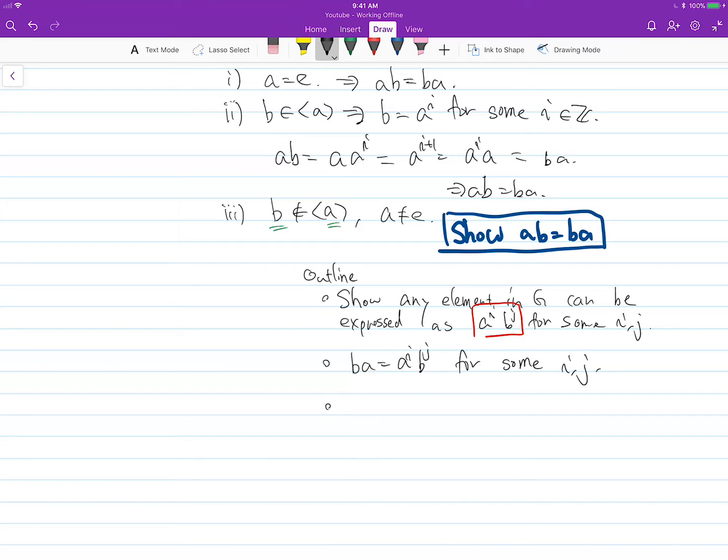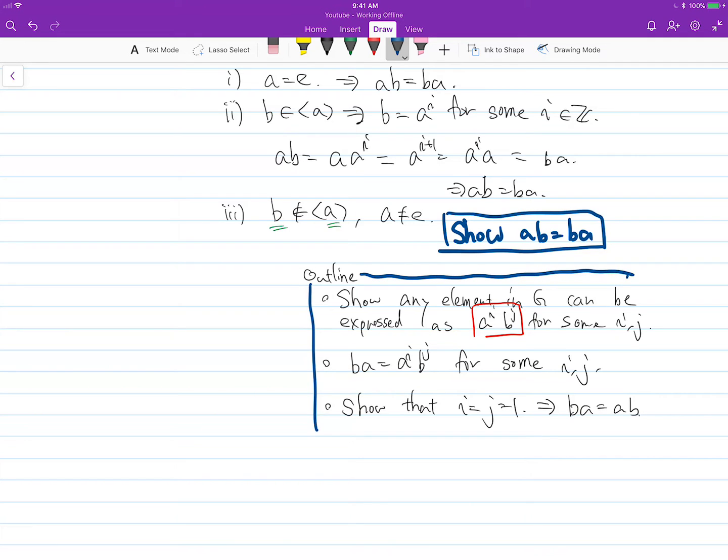And then we will show that i and j both have to be 1. Then this clearly implies that BA equals AB. So this is kind of the outline of what we're gonna do.